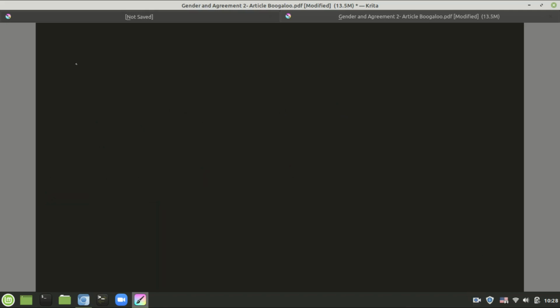Alright, so definite articles and indefinite articles. If the group that we're talking about is male, so you have one thing and it's male, the definite article is going to be el. If it is a group of all males, you're going to go with los. Alright, and these are for definite articles.